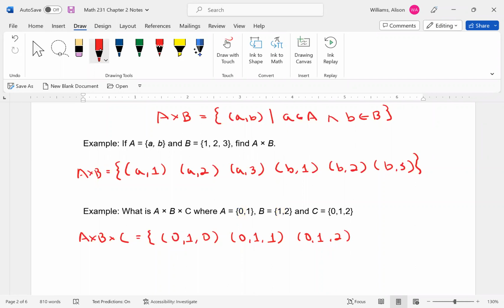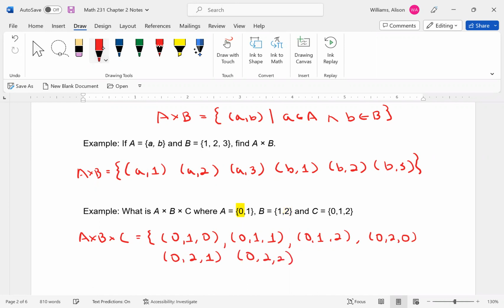Now I'm still going to work with 0 from A, but now I'm going to switch to 2 from B. So 0, 2, 0 from C, 0, 2, 1 from C, and 0, 2, 2 from C.